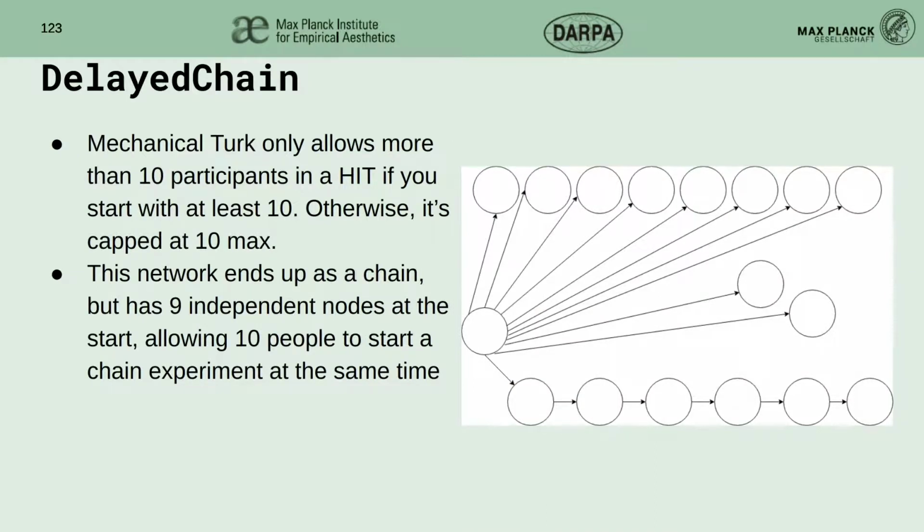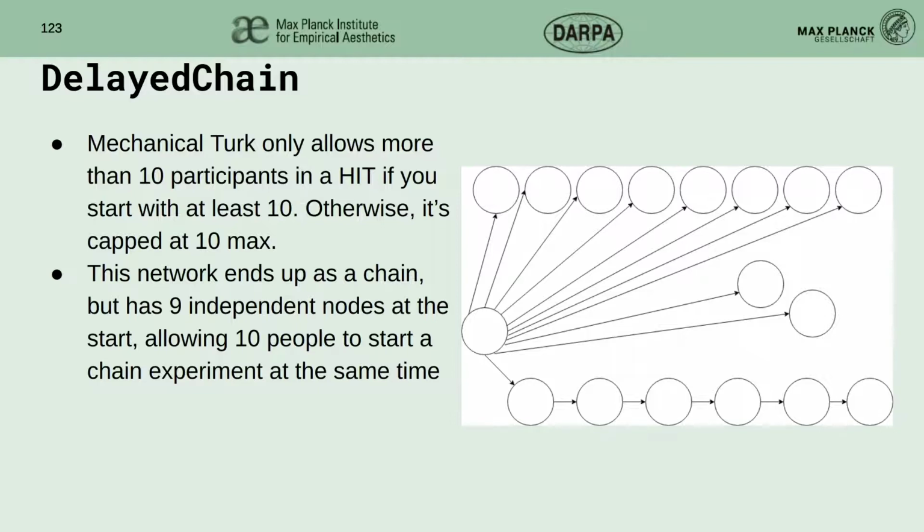So one of these network structures is called a delayed chain, and this is meant to deal with the fact that if you create a HIT with a single assignment, and then add an assignment to it, and then add another, and then get past 9, Amazon Mechanical Turk will say, sorry, when you instantiated this, you did not tell me that you were going to be creating more than 9, and so I didn't know to charge you a higher commission rate.